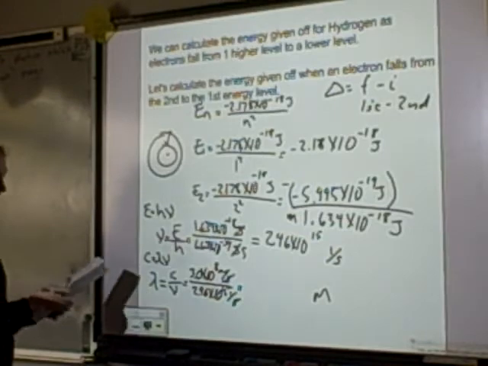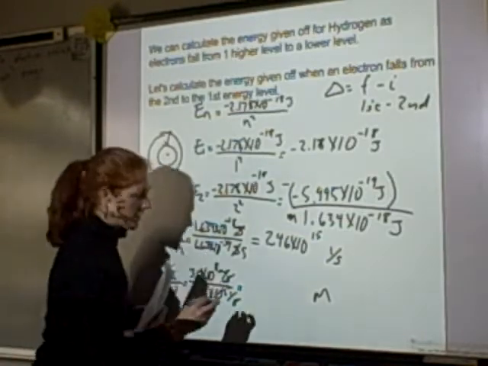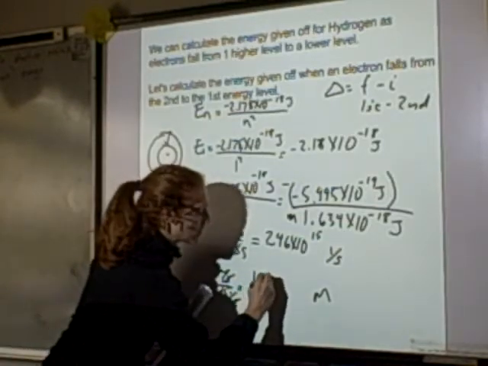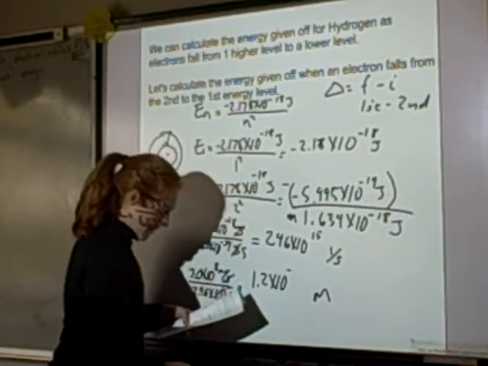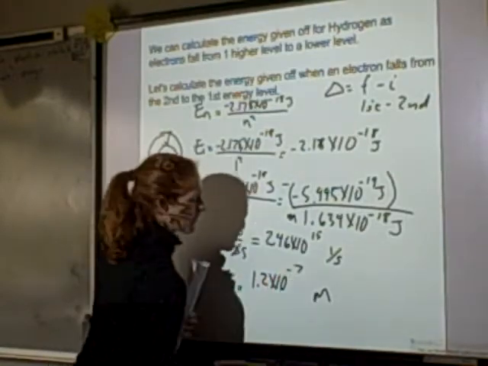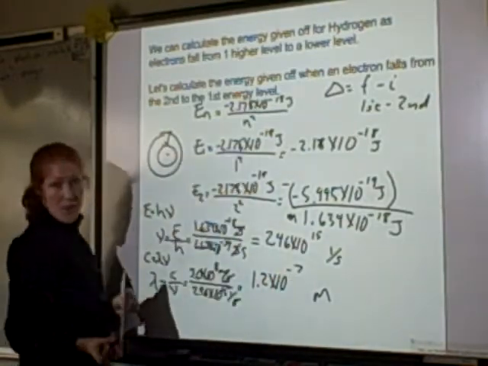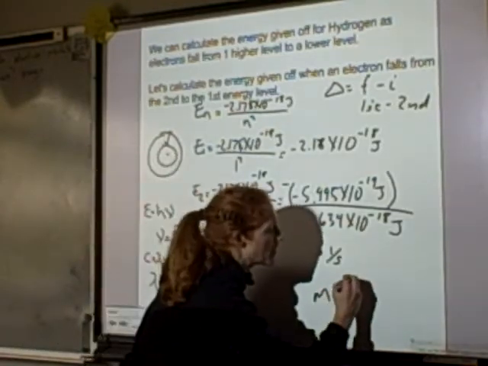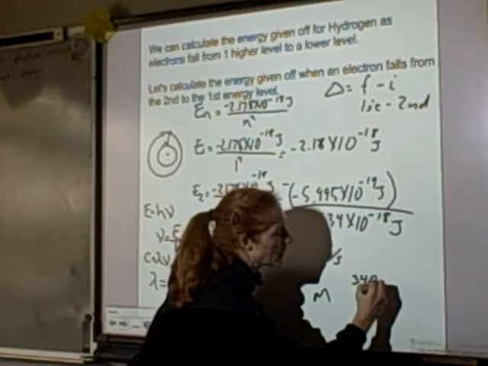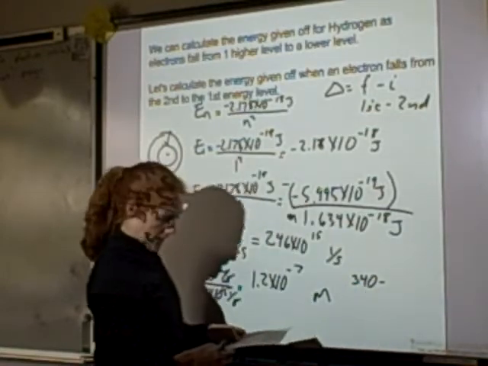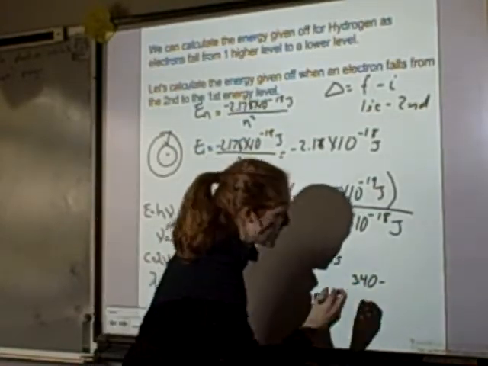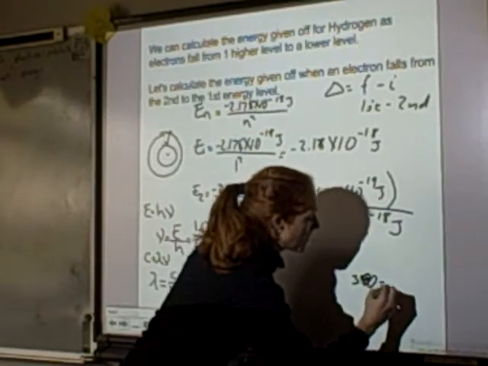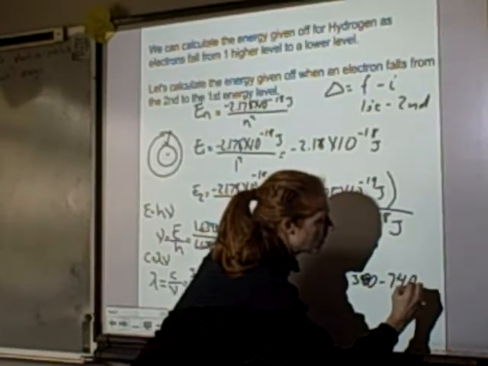So then I'm going to take this divided by this, and I get that I have 1.2 times 10 to the negative 7th meters. Okay, so the visible spectrum that I want to compare this wavelength to, to see if this is visible light or not, is 380 to 740 nanometers.